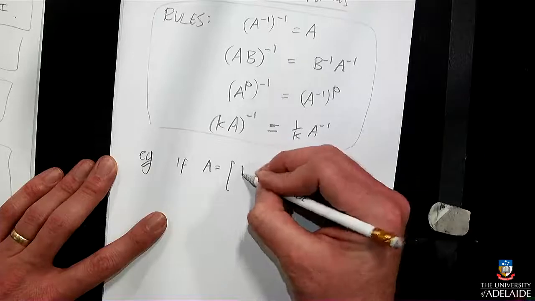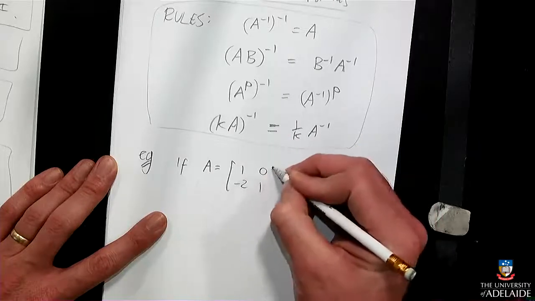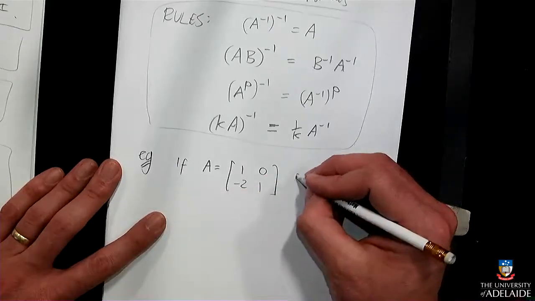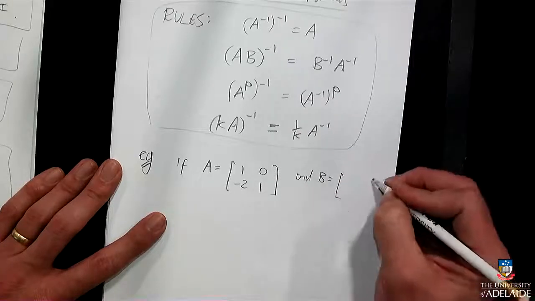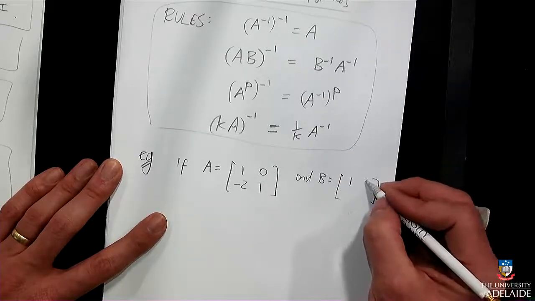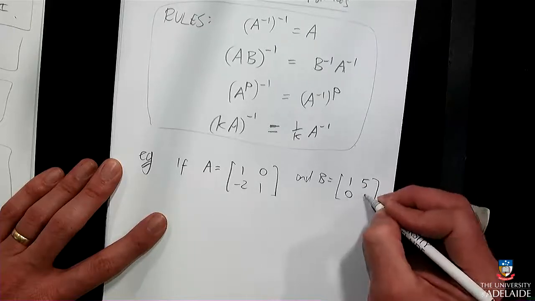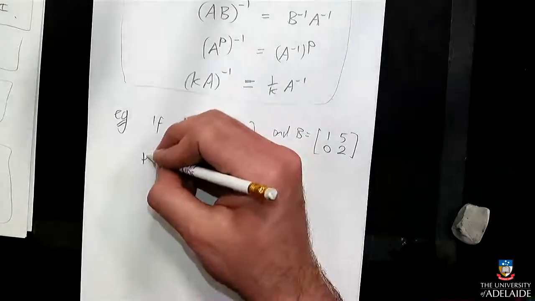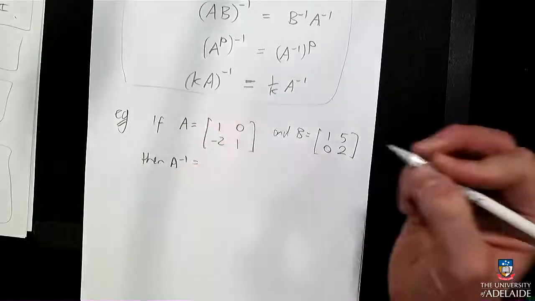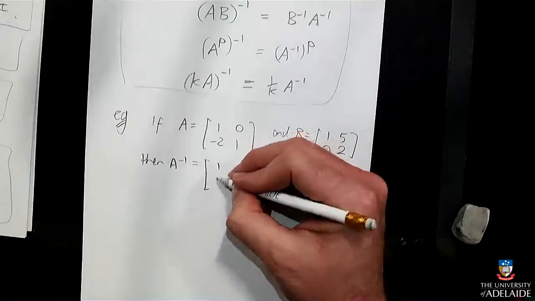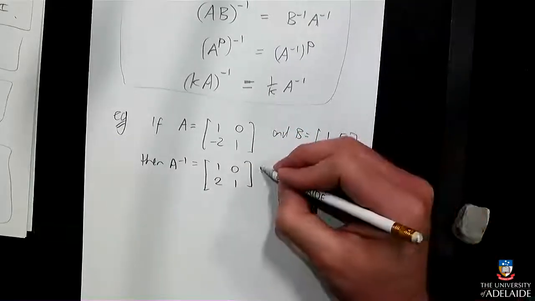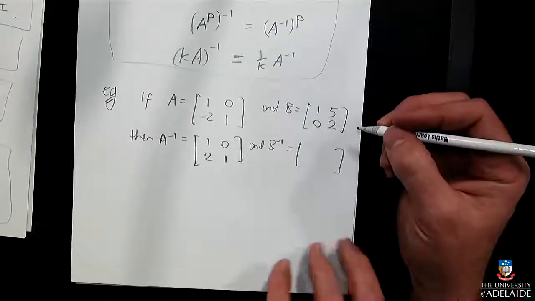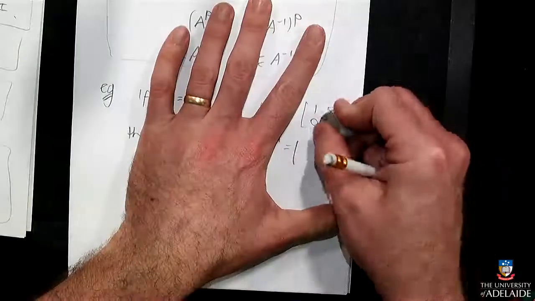if A is [1, 0; -2, 1] and B is [1, 5; 0, 1], then I'm not going to actually prove it, but A inverse is [1, 0; 2, 1].